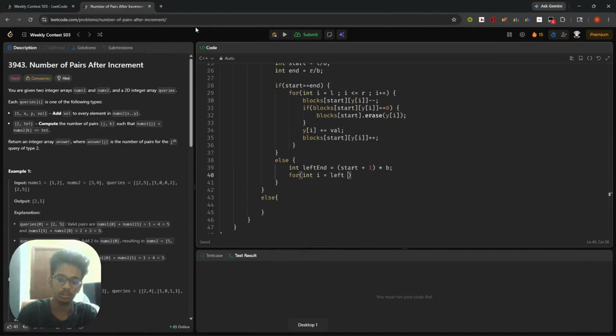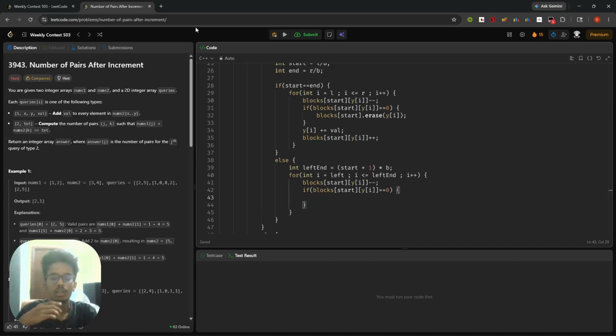So starting from left to left hand, I less than or equal to left end, I plus plus, blocks of start, what was it, y of I minus minus, if it becomes 0, blocks of start erase y of I. Actually I can copy this from here.